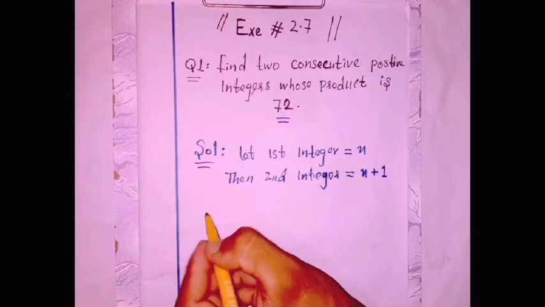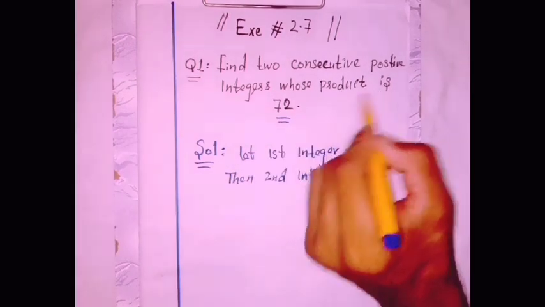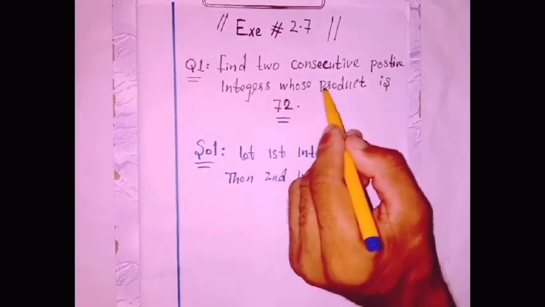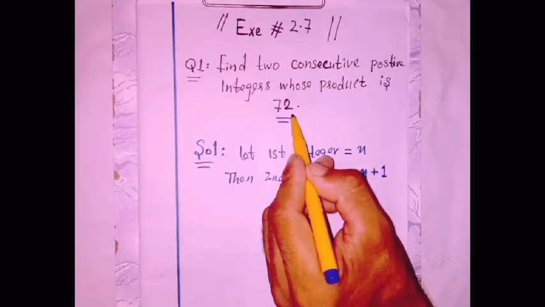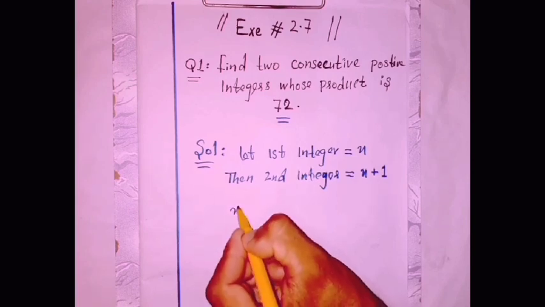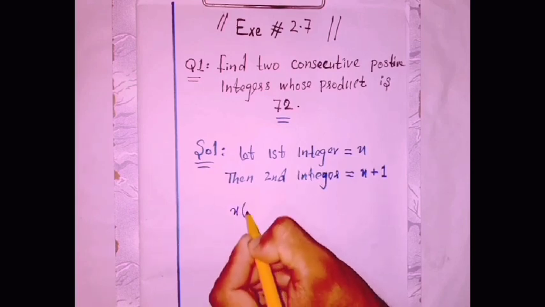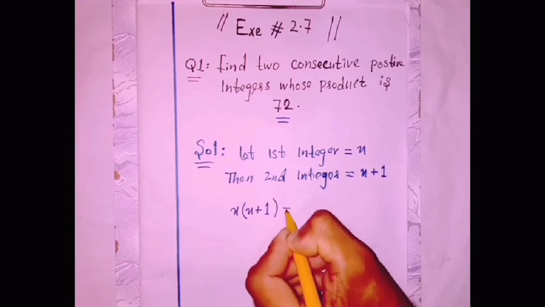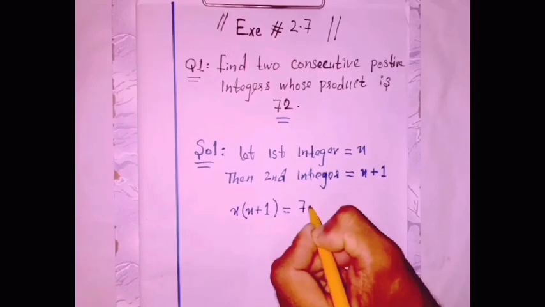Now according to the given condition in the question, the product of two consecutive positive integers is equal to 72. So we can write x into x plus 1 is equal to 72.